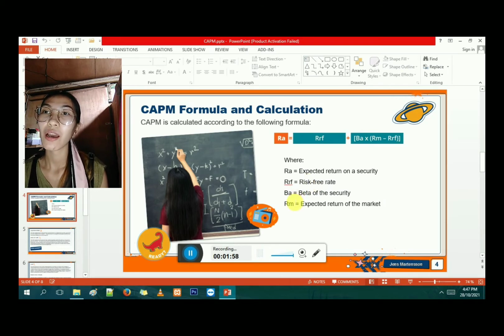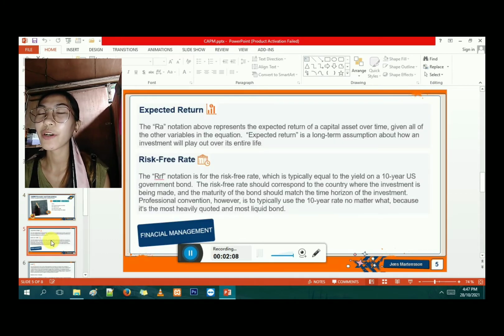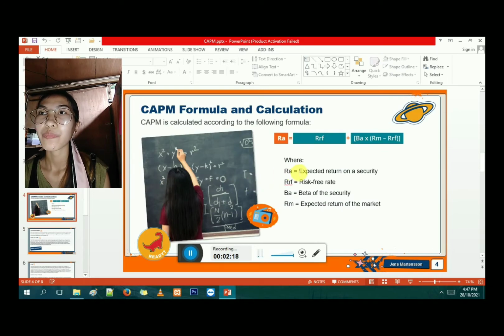BA is the beta of the security. RM is the expected return of the market. Before that, I will discuss the meaning of this formula from the CAPM.